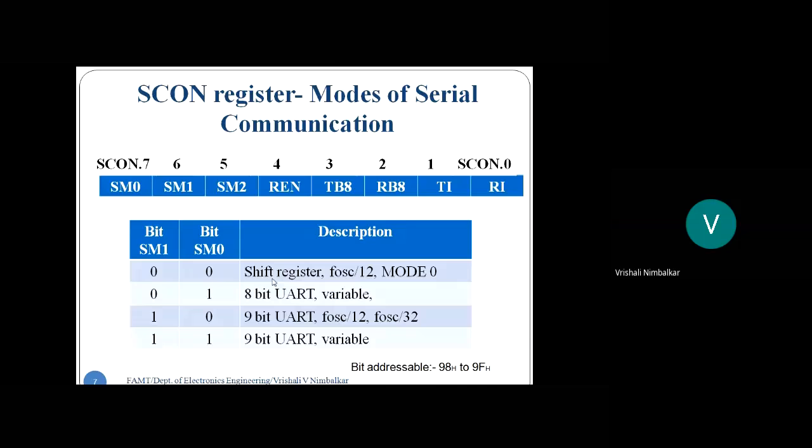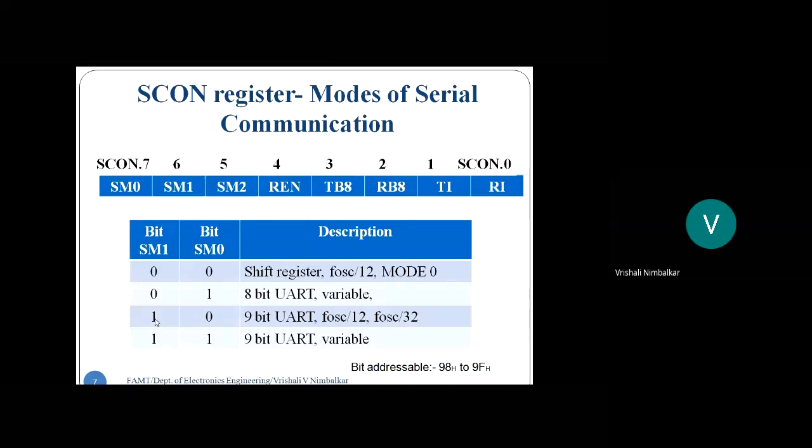In synchronous communication, the baud rate is fixed, F oscillator divided by 12. Whereas in mode 1, asynchronous communication, 8-bit data communication, we can have a variable baud rate. At different frequencies, the communication can take place. Remember this, baud rate is variable.